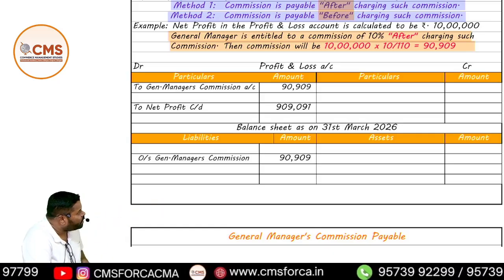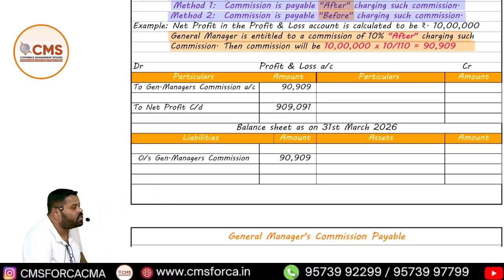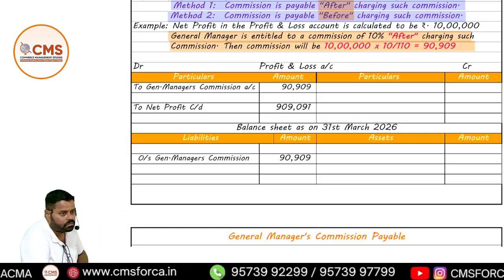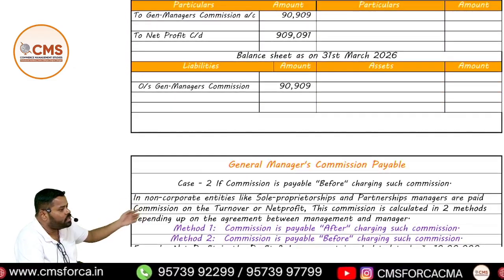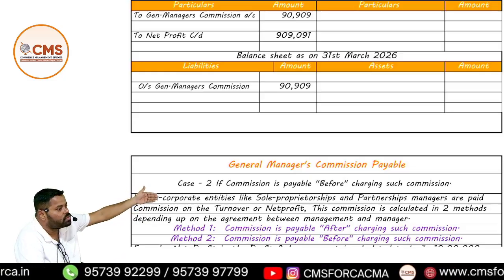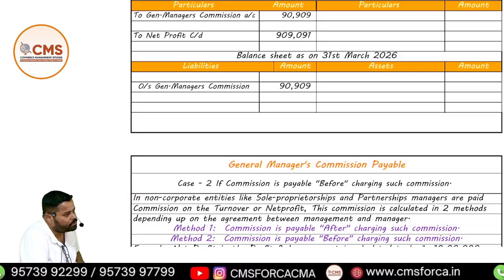It will be 9,09,091. Why? 10 lakhs minus 90,909. The balance amount belongs to the owner. Did we pay the amount? No, sir, we calculated it just now. So that's why outstanding general manager's commission 90,909 in your balance sheet on the liability side.